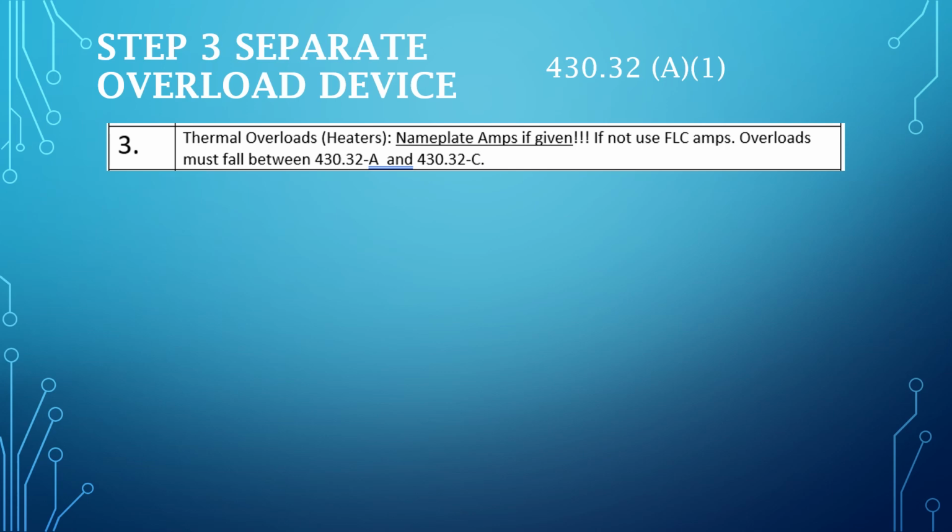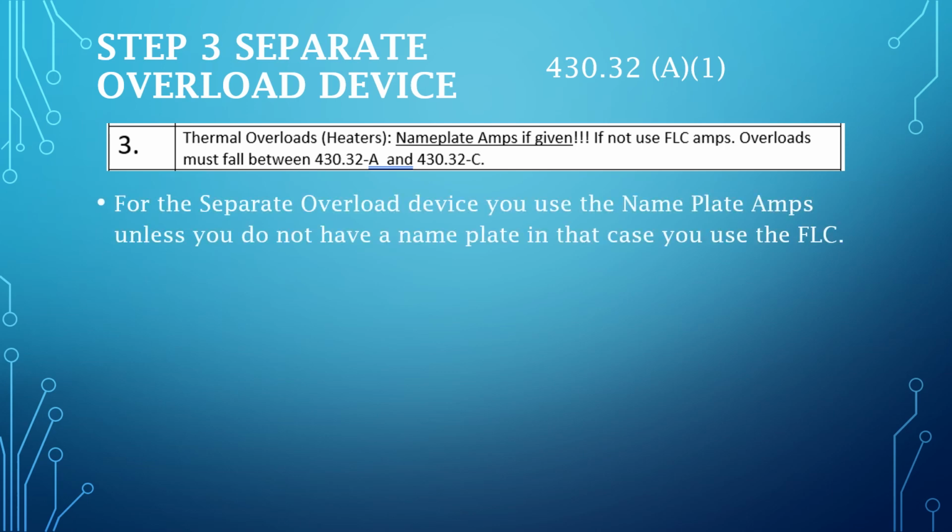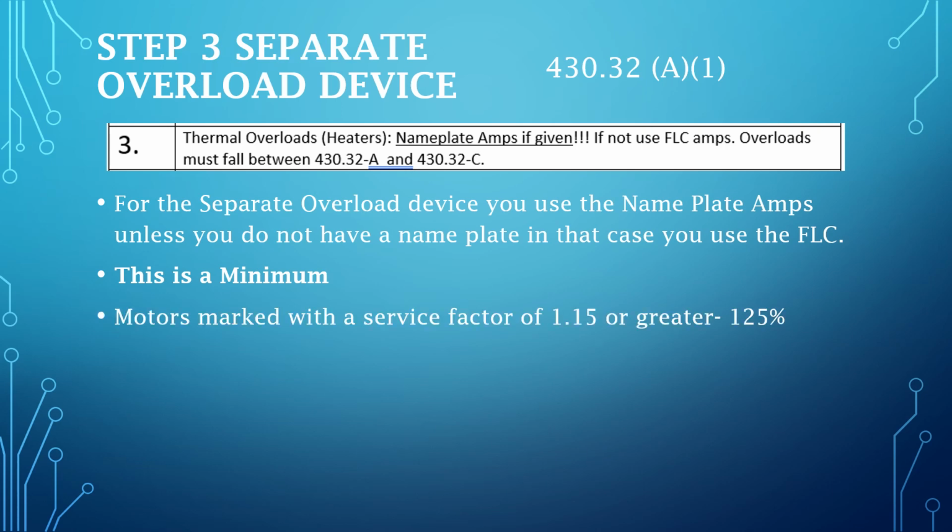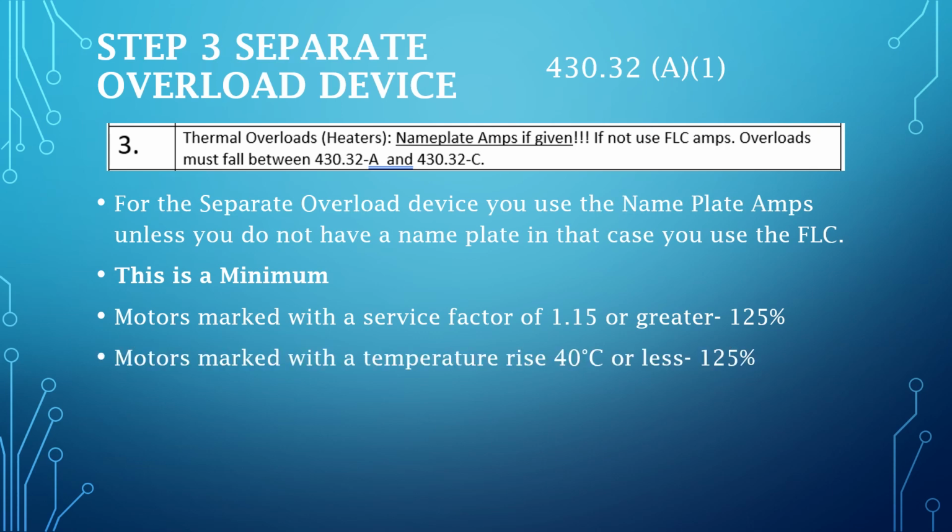So when we pull this amperage off of the device, we're going to use 430.32(A) as our minimum, right? If a motor is marked with a service factor of 1.15 or greater, then we're going to take that full load amperage times 125%.